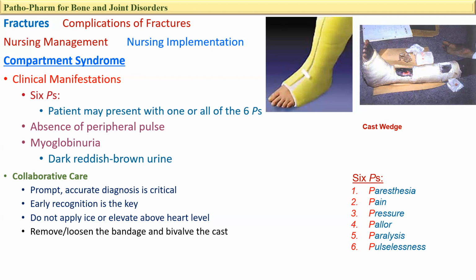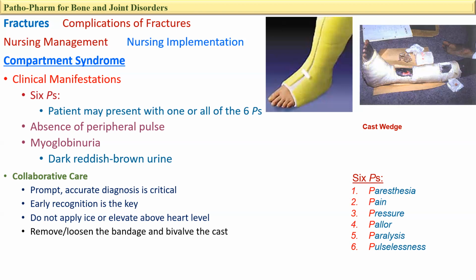So that's why it's a nursing responsibility to identify compartment syndrome at an early stage, and it is, I would say, 100% preventable. We can prevent patients from losing their limb; amputation can be prevented if we detect the compartment syndrome.